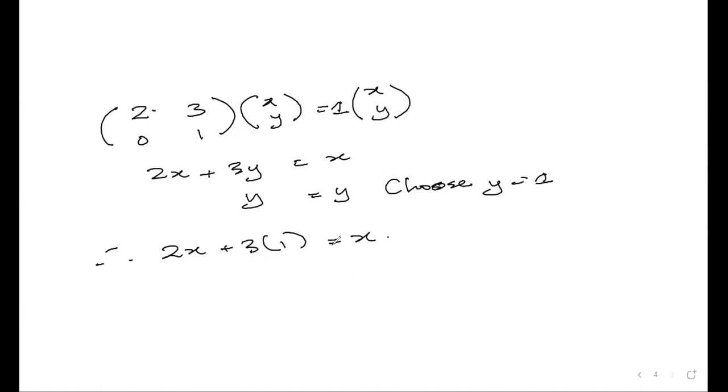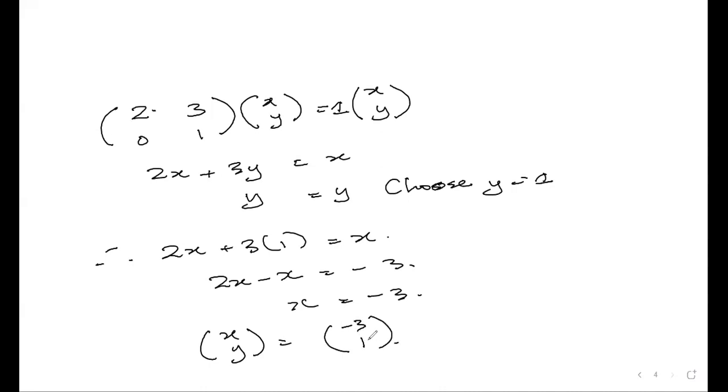So therefore, I'm going to carry over the x. So that's 2x minus x is equal to minus 3. So x is equal to minus 3. So the next eigenvector is x, y equal to negative 3, 1. So the two eigenvectors are, sorry, eigenvectors.